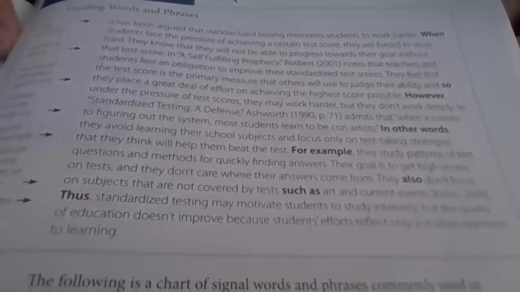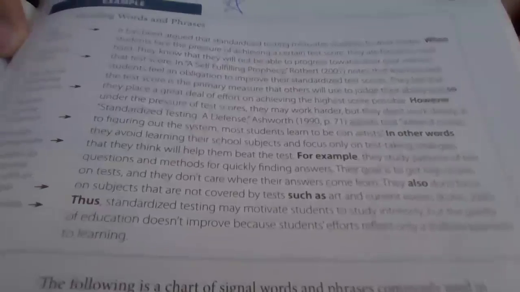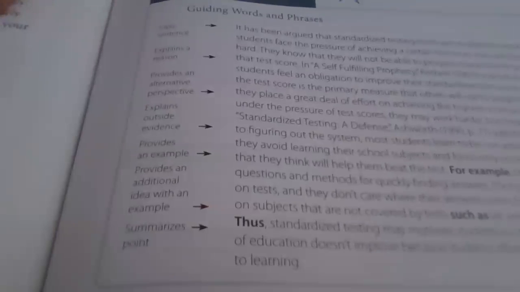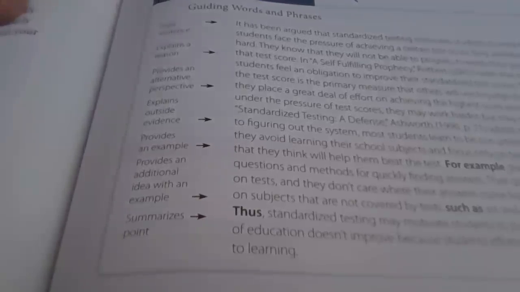They also, so another additional, such as, giving more examples. Thus, more like a conclusion. And as you see on the left side, we have our topic sentence, explaining a reason, providing an alternate perspective, explaining the outside evidence, right? In other words, provides examples, provides an additional idea, and summarizes.